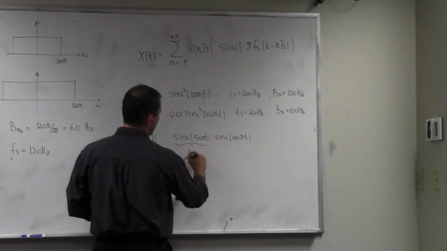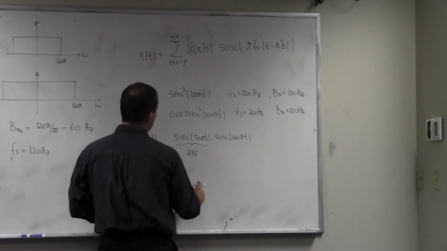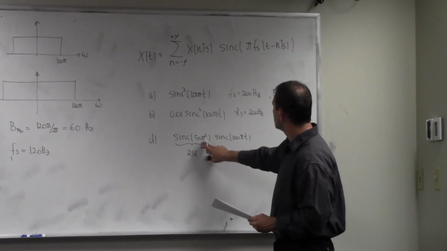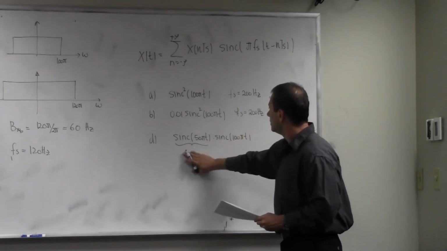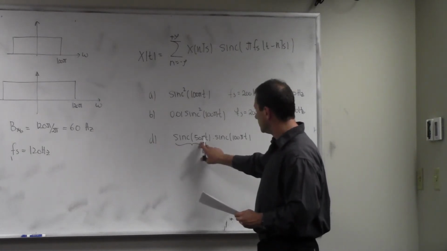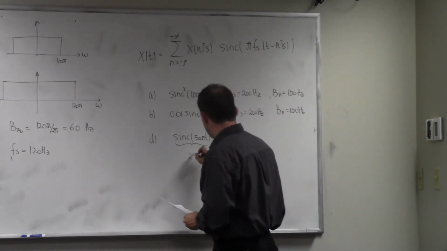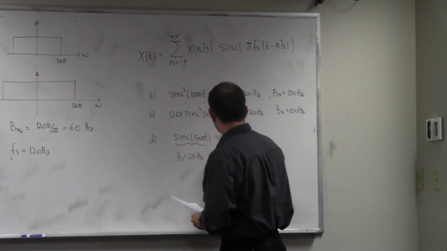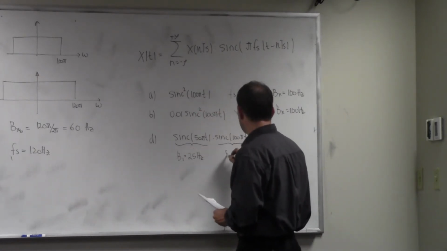So it's 25. What am I missing? Or so it is 50 pi radians, divided by 2 pi, yeah, is 25. So this one is 25 hertz, D1. And this guy here, D2, is 50 hertz.